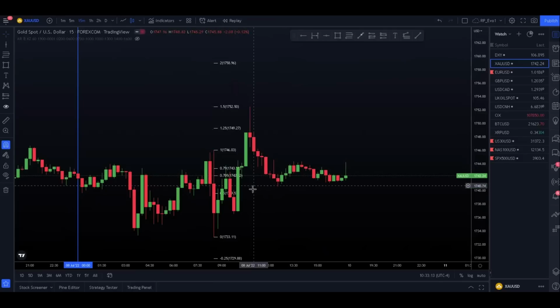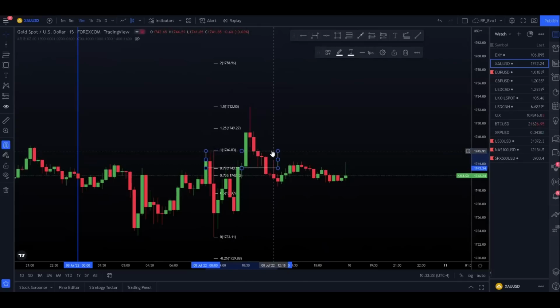And again, price came back to at least this area here. So this is usually the area that is enough for me, if I am short, to be completely out of the trade, from about 1 to 80%. That's how I do it.